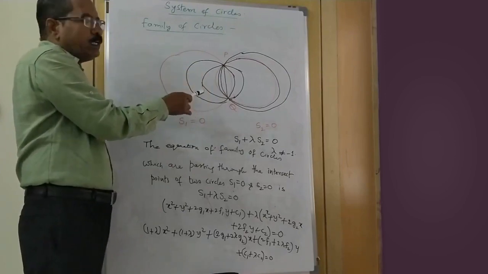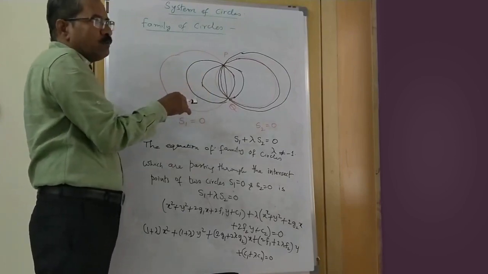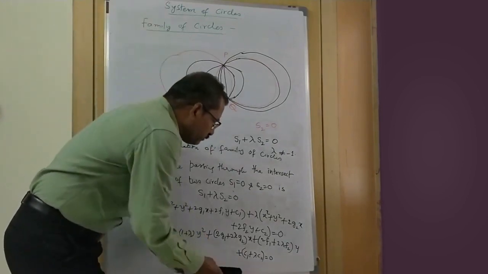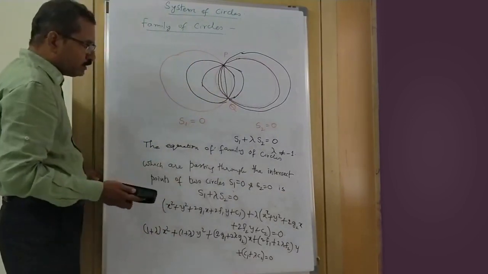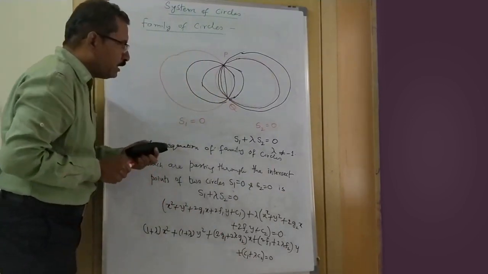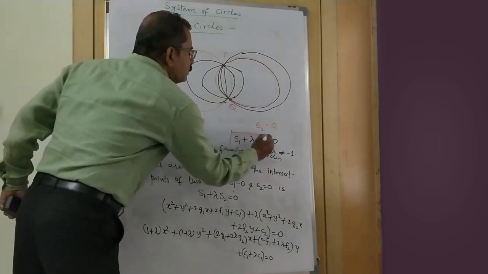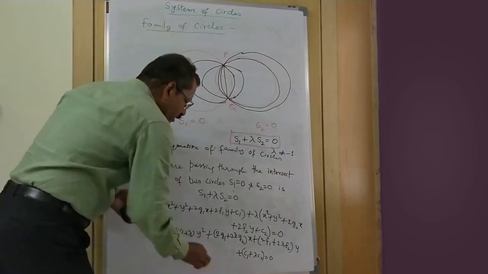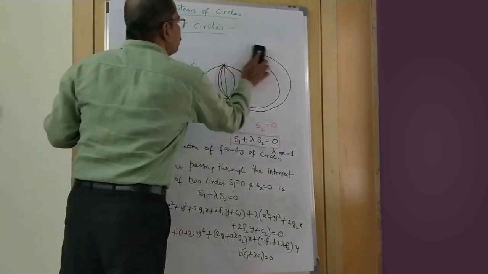Let us see one example on this. Take note, the important thing here is S1 + lambda S2 = 0. This you have to remember.